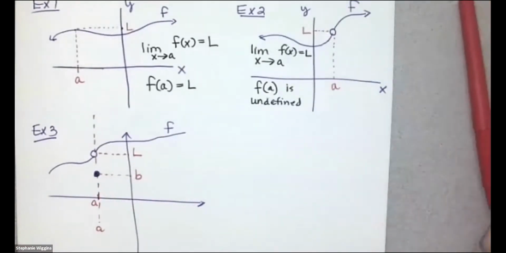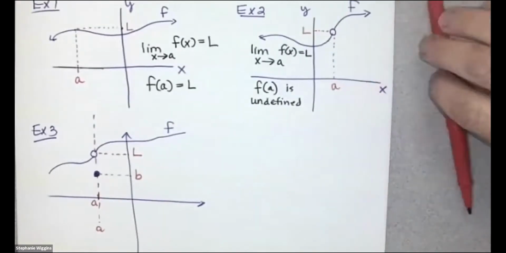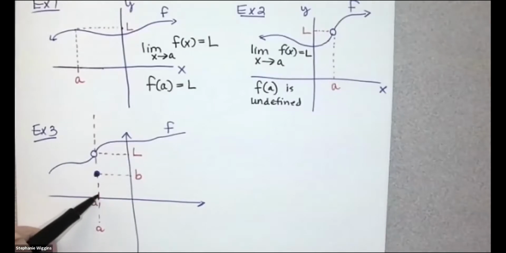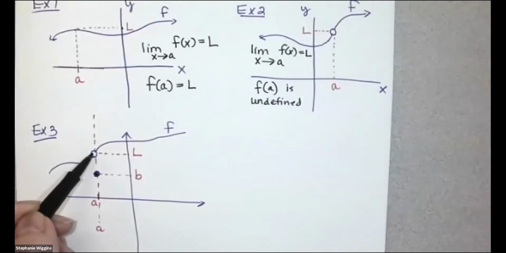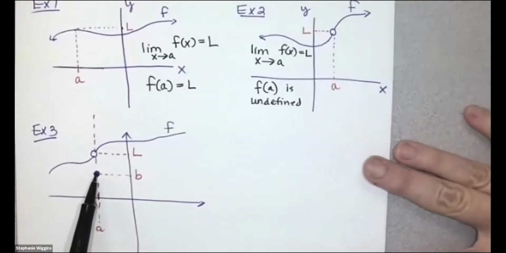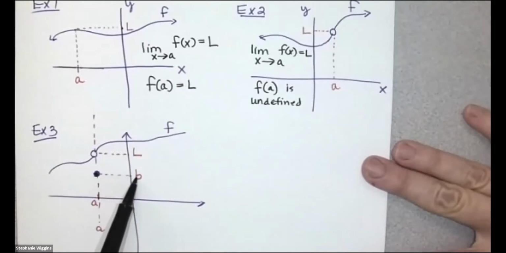So in this particular example, if you are at a, right here at a, we hit the function right here. It doesn't exist up here, but there's a point right here that is in the function, the collection of ordered pairs that make up the function. And so the output is the b here.